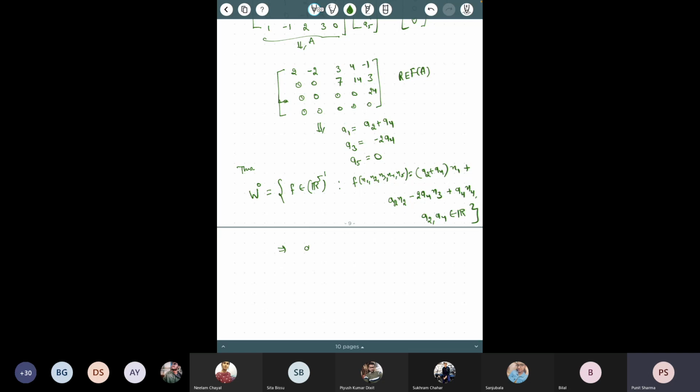Clearly, because there are two free variables here, a2 and a4, to define these functionals, the dimension of W naught is clearly 2. Just to cross verify this, you can check that it is also true, because the dimension of W is 3, then using the previous result, we can say the dimension of W naught is 2.